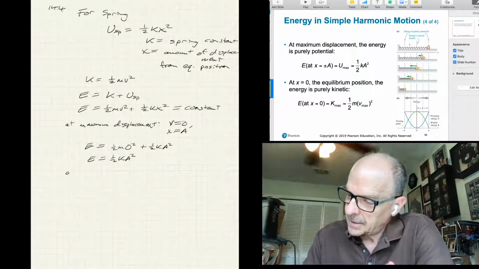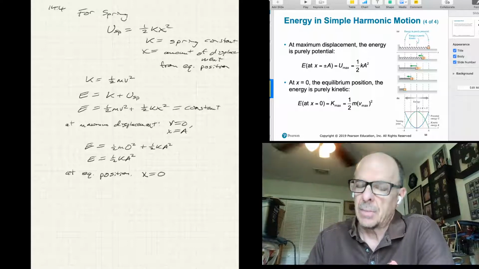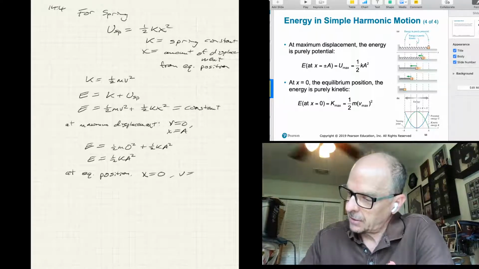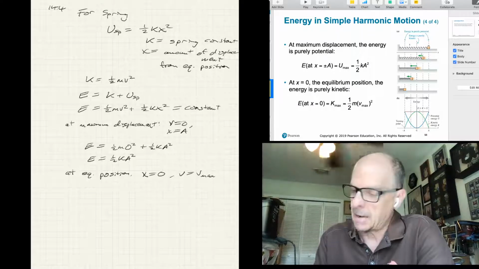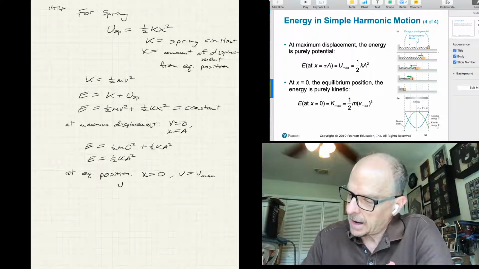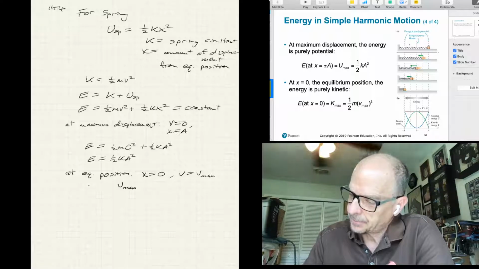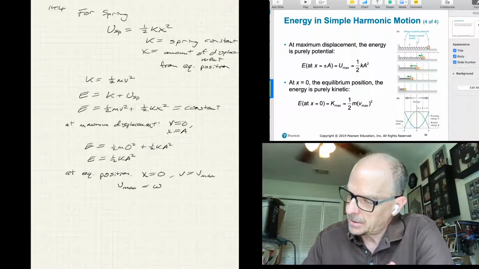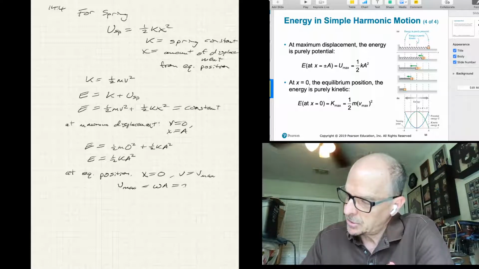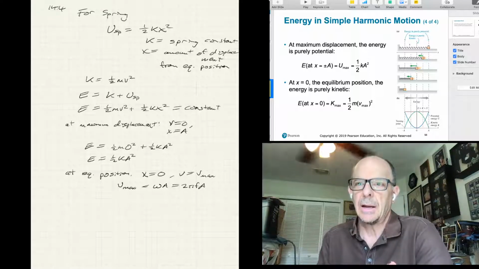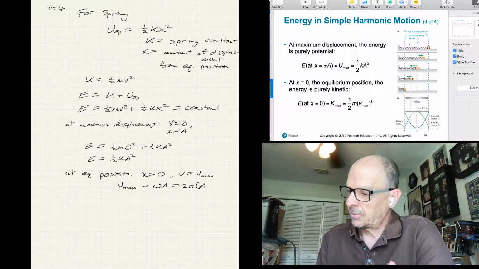Similarly, at the equilibrium position, x, the displacement, is 0 by definition, and v is the maximum velocity, v max. And remember that v max for a spring, actually it's generally true, it's not just for a spring, v max is omega times A, which is the same as 2 pi f times A. So that's v max.